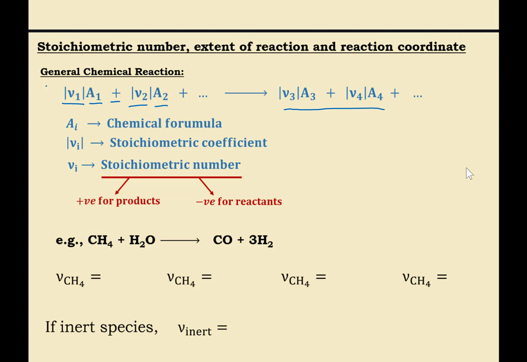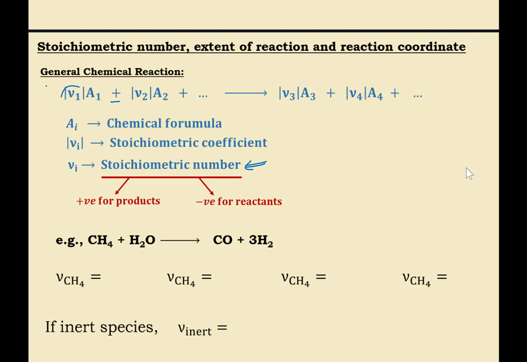My products. Now, why are these written in absolute form? Because the stoichiometric number, if it's a reactant, this value would be negative for my reactants. If it's a product, then it would be a positive value. So the stoichiometric number depends on whether it's a reactant or a product.